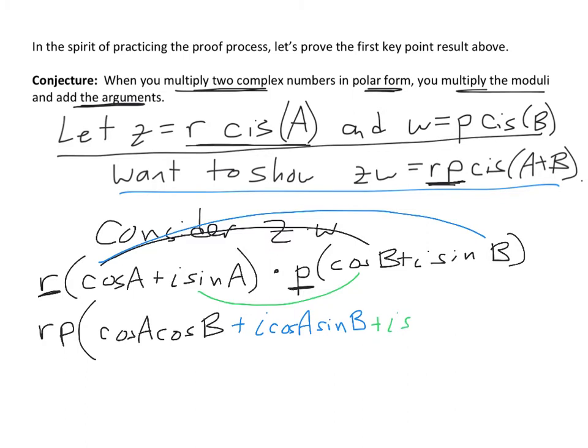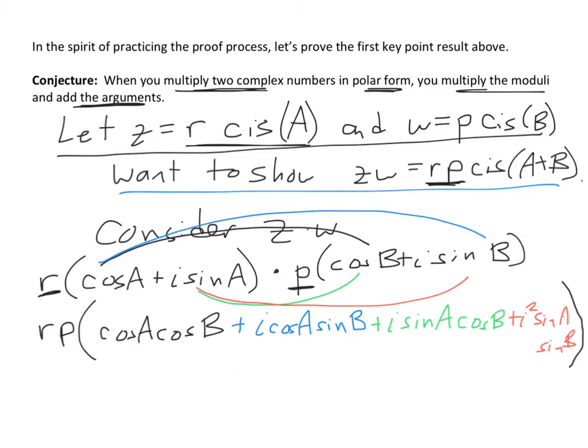That would be i sine a cosine b. I'm almost out of space, but I think I'm going to make it here. And then this one times this one, plus i squared, no, I'm going to run out of space, sine a sine b. Kind of barely fit that in. I've got all of this here.